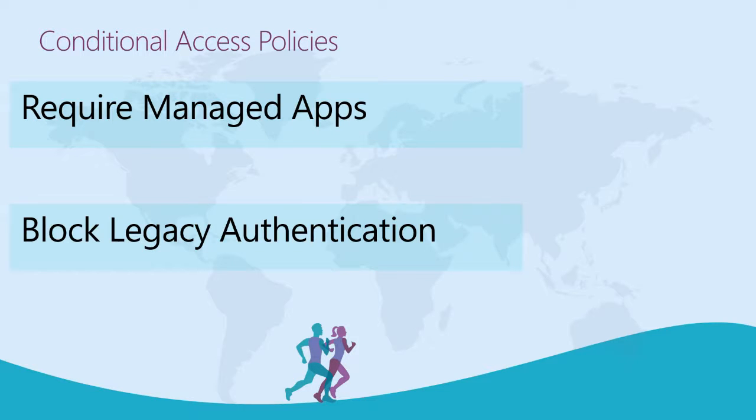Then the second one is you need to block legacy authentication. There's no question on why, I would say, but legacy authentication is a very sweet spot from a bad actor perspective.